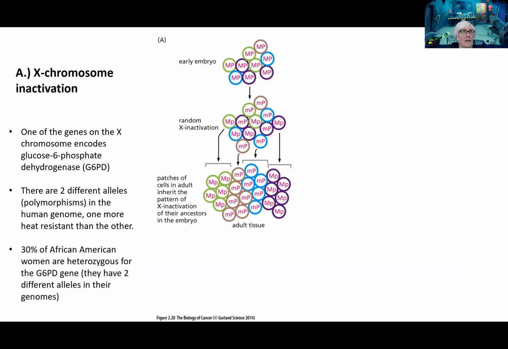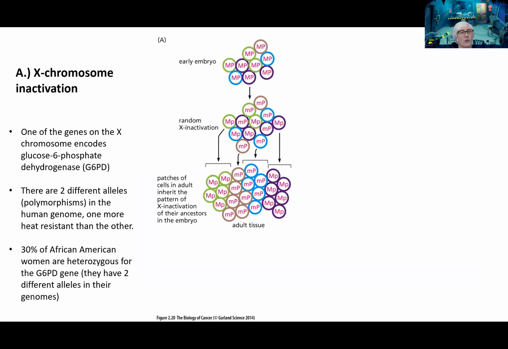So, as I said, the X chromosome carries about 1,800 genes, and among those 1,800 genes is a gene for glucose 6-phosphate dehydrogenase, or G6PD. This is an enzyme that is involved in the production of energy. So there are 2 different versions, if you will, of this G6PD gene.